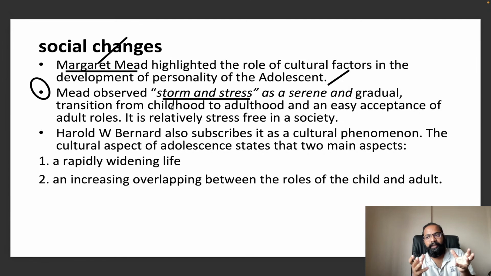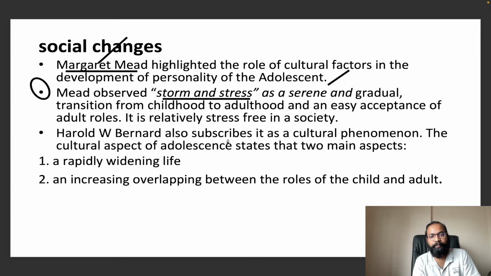Okay, why? Because they have a high amount of energy and they will be stressed easily. They are looking for privacy and independence. Fine, and they are gradually moving from childhood to adulthood.